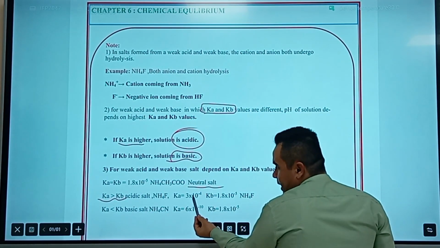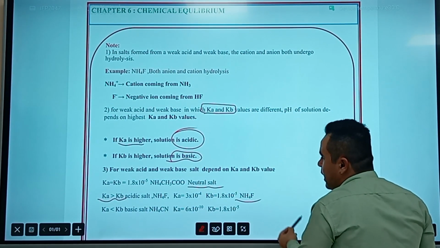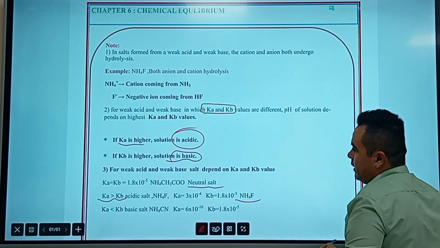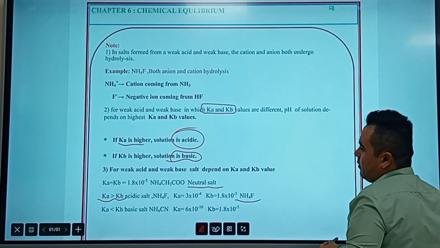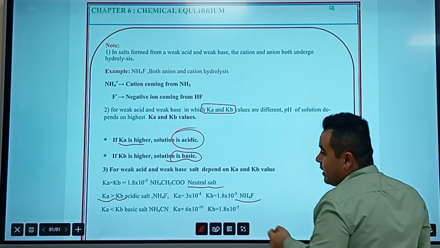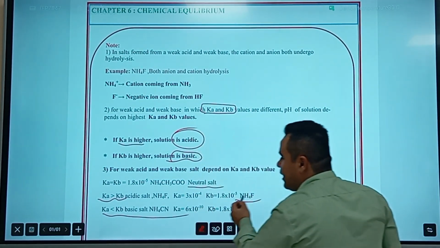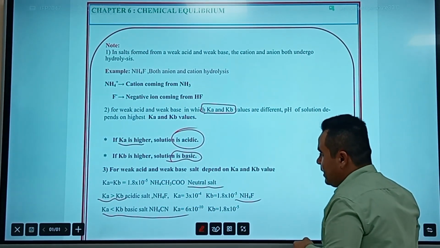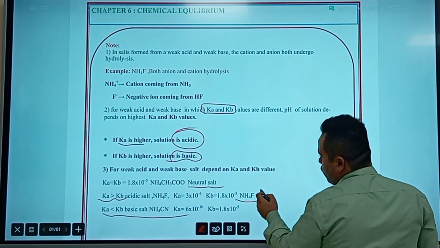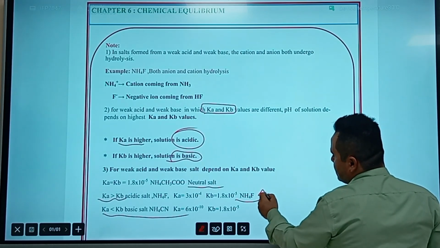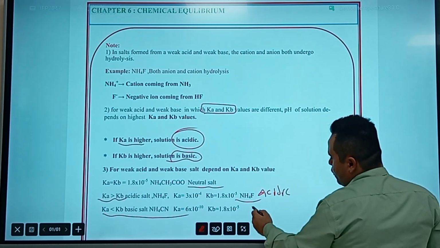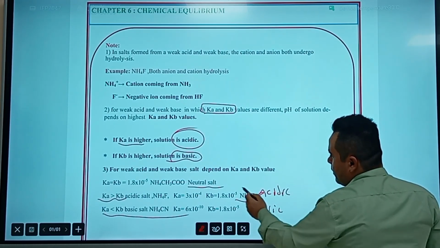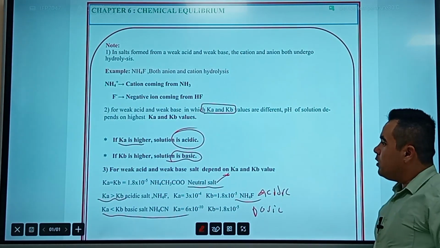Ka higher than Kb produces an acidic salt. Ka lower than Kb produces a basic salt. Here the acidic, here basic, here neutral salt.